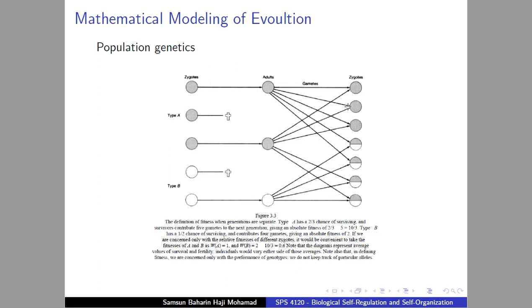So from that we can do the modeling of this evolution. Here we can have 1, 2, 3, 4, 5. This one can marry or associate with this to produce another one. This one again and again.